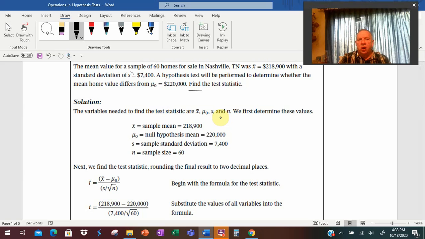I need x bar. There it is, the sample mean. The mu0, that's from the claim. We need a hypothesis test to determine whether the mean home value differs. So this is the claim: does mu0 not equal 220,000? That's versus mu0 equal to 220,000.